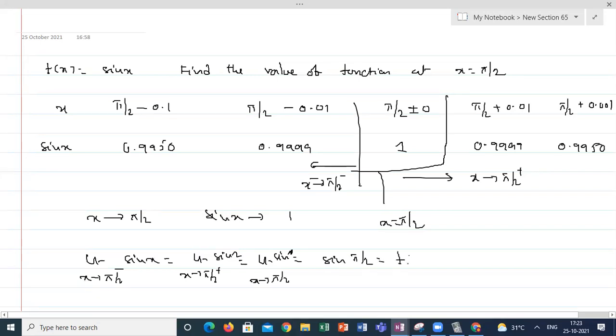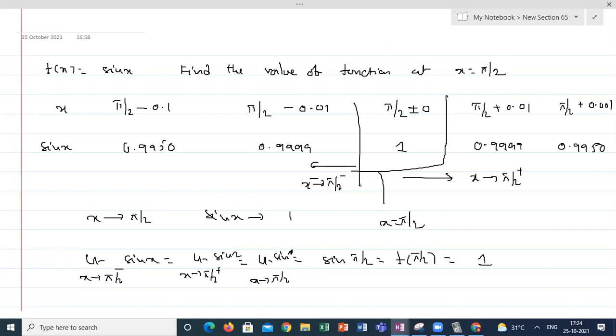That is nothing but f of pi by 2. All are equal to 1 only. All are approaching 1 only. So here we can conclude existence of the limit is possible. Is it clear, students, what I'm saying? So sin x also exists everywhere from minus infinity to plus infinity.